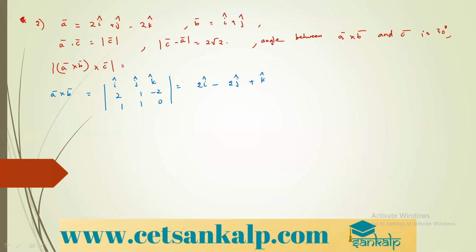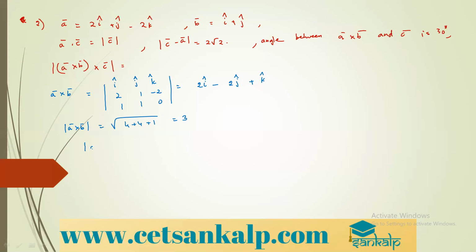Minus j is multiplied with plus 2. So what we will have, 0 minus of minus 2. Okay. Then we will see magnitude of A cross B. It is square root of 4 plus 4 plus 1, that is square root of 9, that is 3.